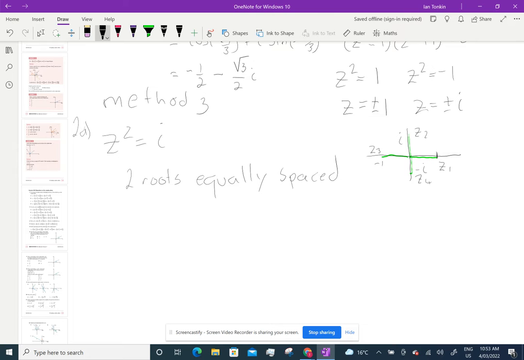The modulus of i equals 1, and the argument of i equals π/2. So of this complex number, the modulus is 1 and the argument is π/2. That's pretty obvious. Therefore z² = cis(π/2).